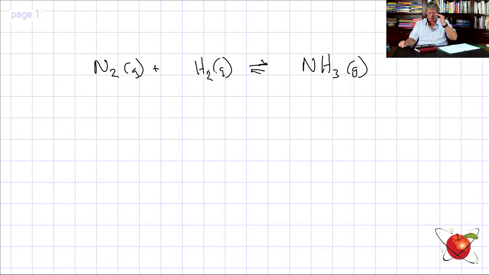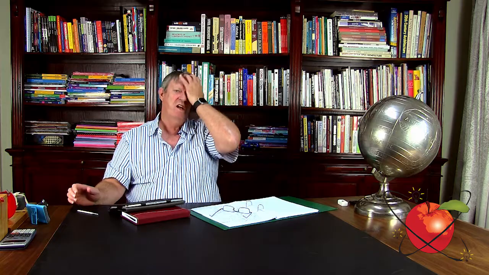First of all, in chemistry, if it's not a theory question, we always start off with a balanced chemical reaction because we need to know the mole ratios. The recipe: how many cups of this to cups of that to get cups of that. That's our mole ratio. So we need to balance it. That's the first step.